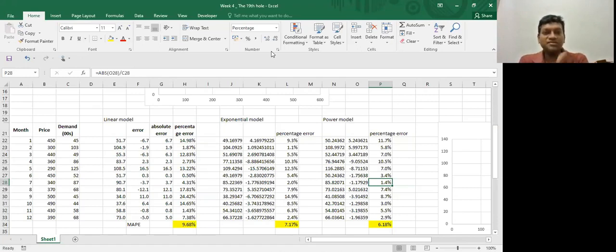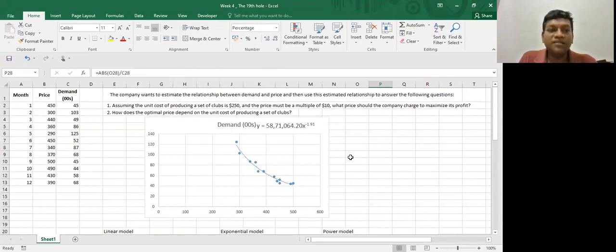In some months some models fit closer, and in others a different one is a better fit. So let's find the average and then pick the one which is minimum, which actually minimizes the error. All right, now we have the power model as our best fit, so let's go forward.